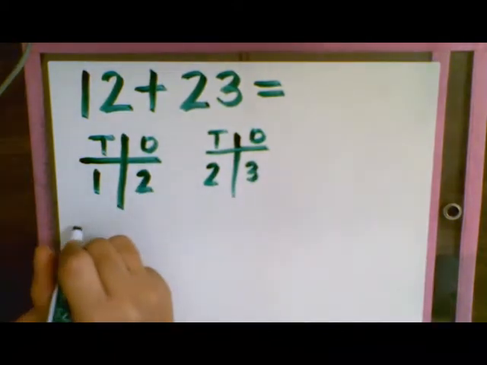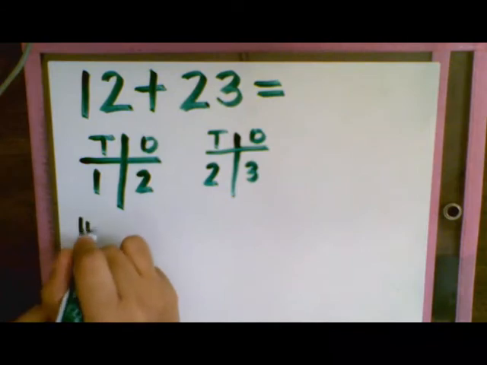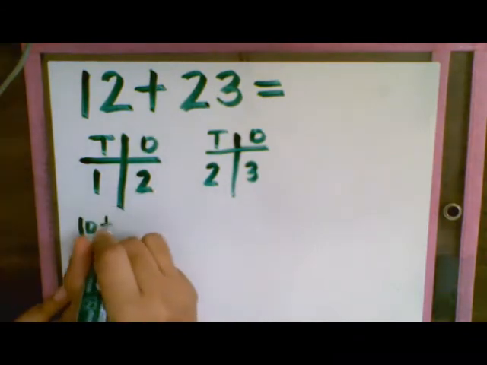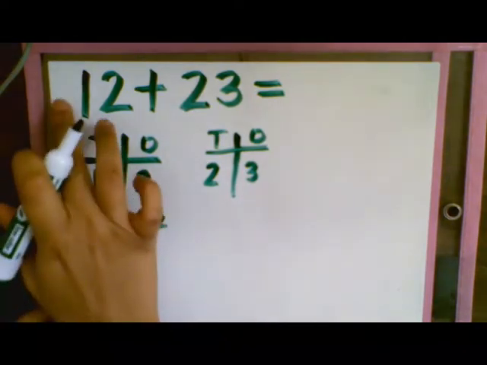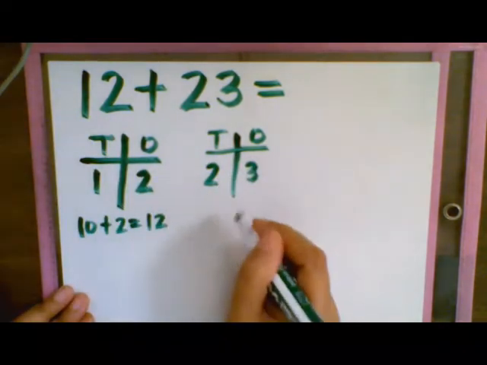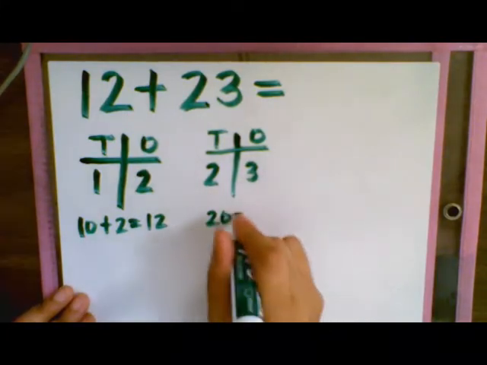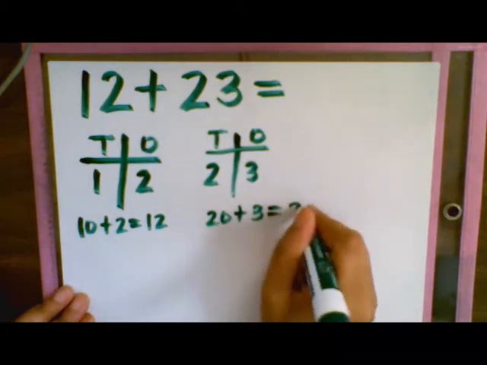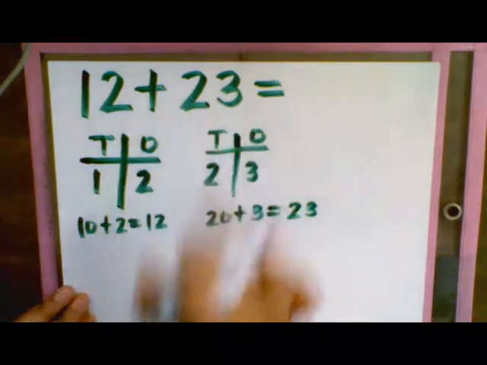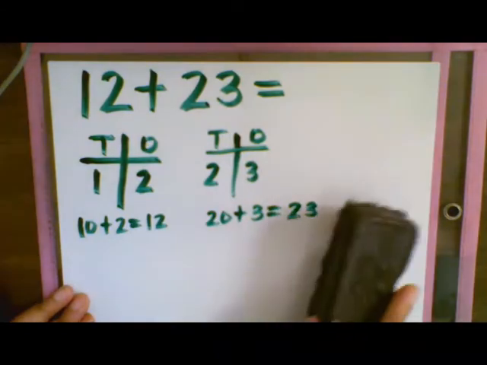To see how we compose the number 12, 1 ten equals 10, 2 ones equals 2. When we add 10 plus 2, we get 12. If we look at 23, 2 tens equals 20, 3 ones equals 3. And if we add 20 plus 3 together, we get 23. So now that we've used place value to decompose or separate our numbers, let's start working on the problem.